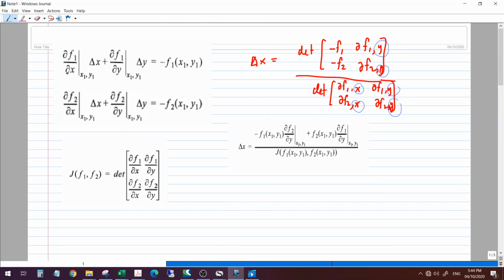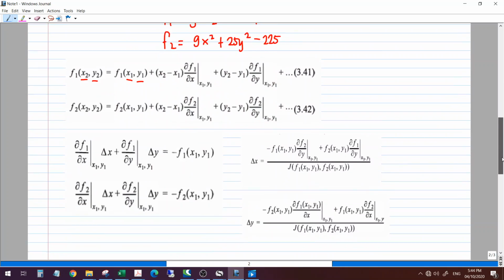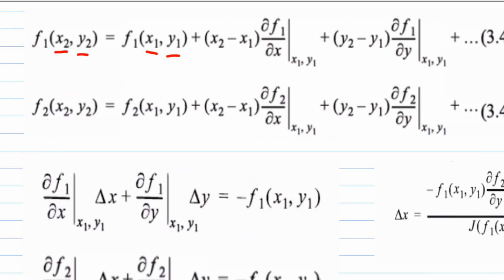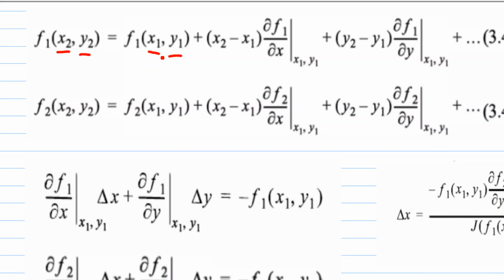Okay, so if we rewrite this, the Taylor series expansion for f1 will be negative f1, because it transposes here, equals delta x df1 dx, which is the change in x, plus df1 dy delta y.